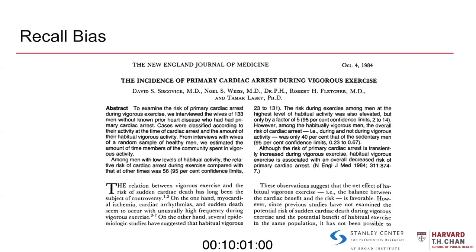The investigators in this study obtained information from the wives of men in whom a cardiac arrest had happened and compared that with those in the community. Although it would have been possible for them to interview the control men who didn't have the cardiac arrest. So you have cases with cardiac arrest and controls without the outcome.